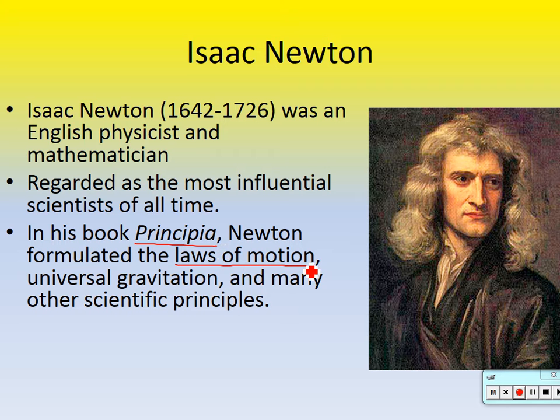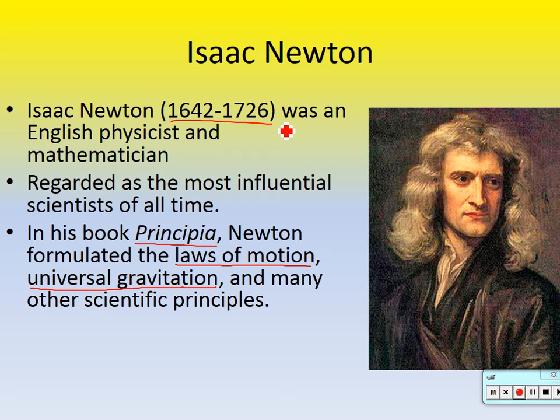He laid out the universal gravitational law, which we'll talk about later in the year. But NASA still uses those equations today to figure out how to land a rover on Mars. So a lot of the stuff he came up with in the 1700s is still used today.